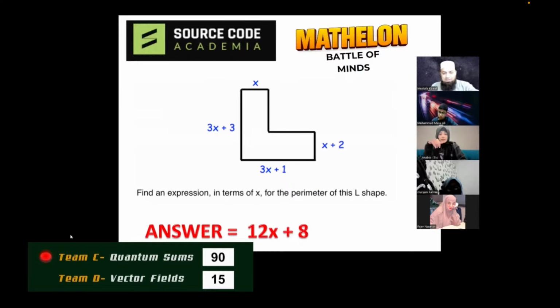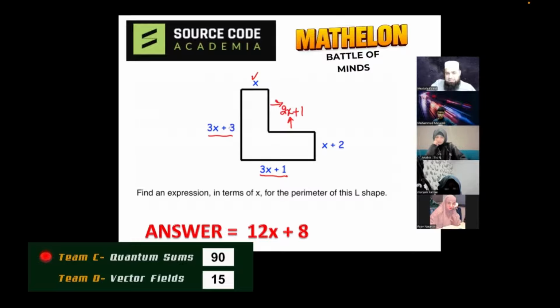Let me tell you how. Listen. You're missing this part, and this part. Why? Isn't it included in the shape? This is 3x plus 3. This is 3x plus 1. If we subtract x from 3x plus 1, the remaining part will be 2x plus 1.